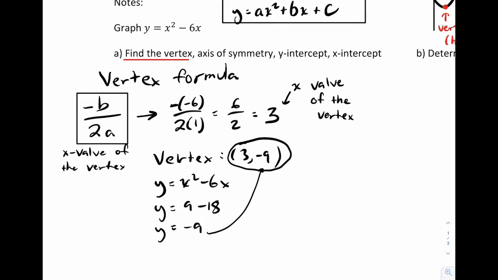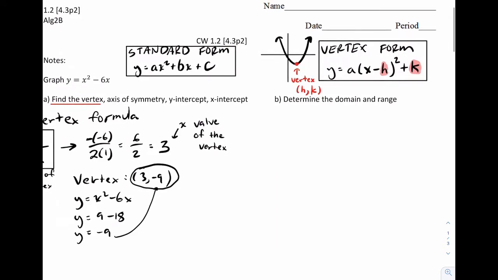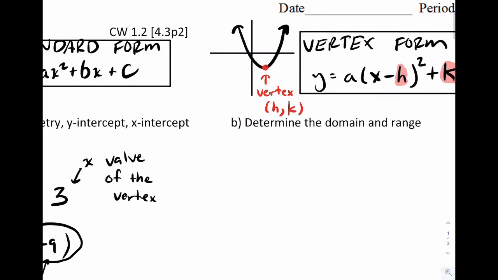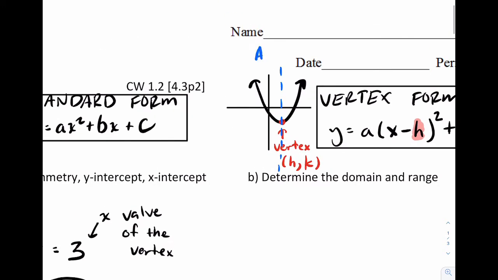Okay, first part's done. Next is axis of symmetry. All that means is, if you look at this picture, the axis of symmetry is simply the line that cuts through the vertex like that. It makes it so that you can fold the parabola perfectly in half.